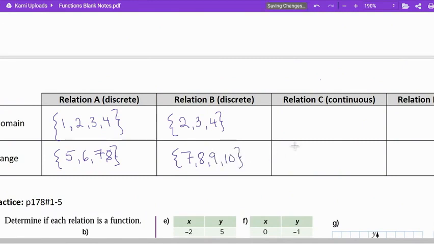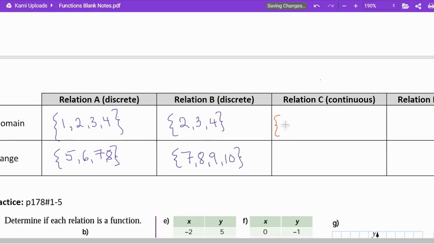Now, as you can guess, for a continuous function, the domain and range look different. And hopefully you remember from last year where we had some special notation for that. So we always use curly brackets.